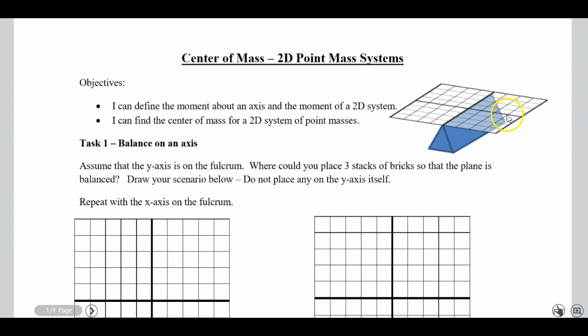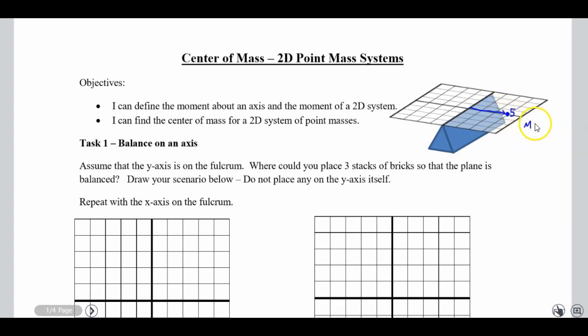So remember, we would put a mass somewhere. Let's say we had a mass that was mass of 5, and that's 3 units out, so 1, 2, 3 units out, which meant the moment would be 5 times this distance 3.